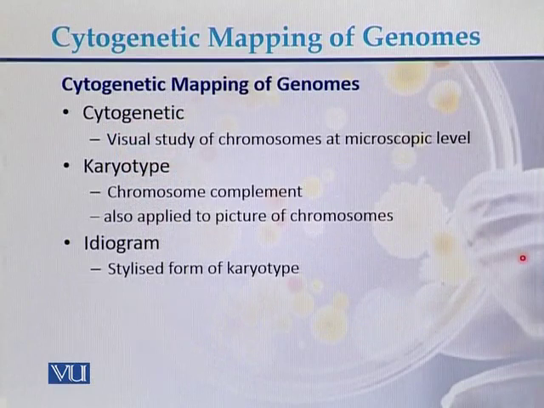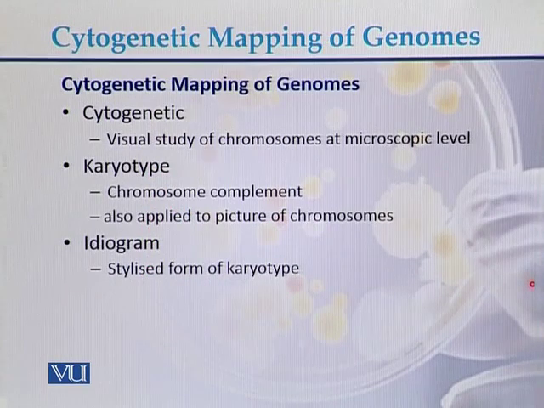Cytogenetic mapping of the genomes. A cytogenetic map is a visual study of the chromosome at the microscopic level. And what is a karyotype? Chromosome complement is also applied to the picture of the chromosomes. When we see the pictures of the chromosomes, it is called a karyotype. An ideogram is the stylized form of the karyotype.